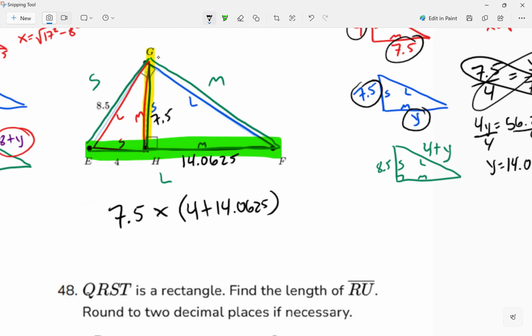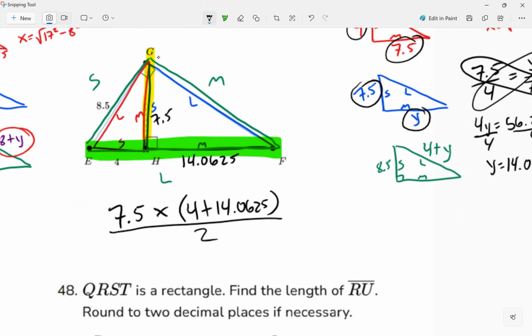Because in this case, I want to add before I multiply. So I'm using parentheses. So I multiply those two sides and then divide this by 2. Type it on your calculator literally like that. So 7.5 times, open parentheses, 4 plus 14.0625, close parentheses, all of this divided by 2.